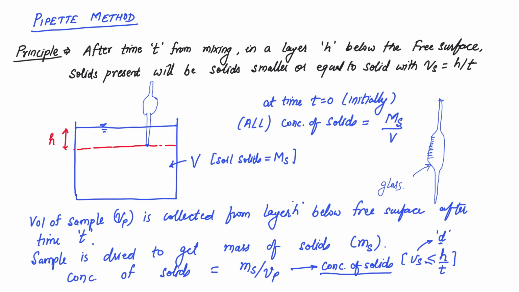So what is percentage finer? I hope you remember. Percentage finer is the total amount of solids that are smaller than or equal to a given size, relative to the total amount of solids.